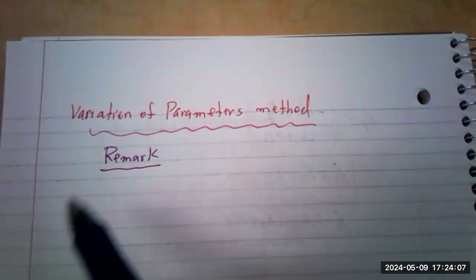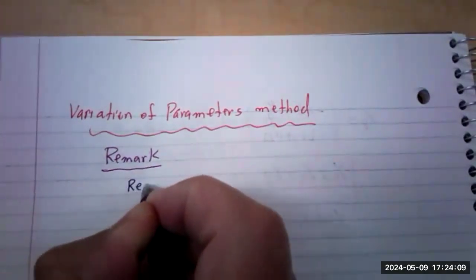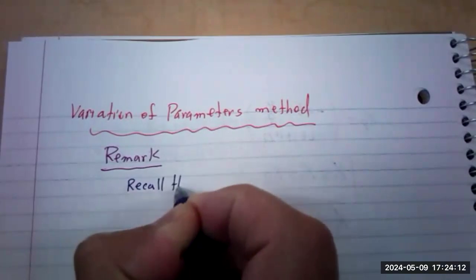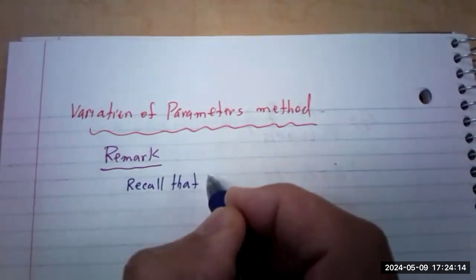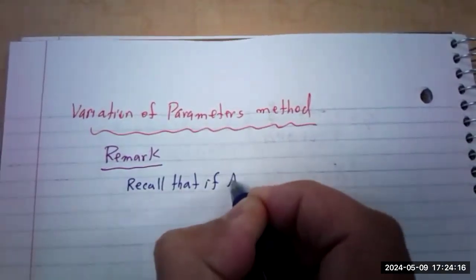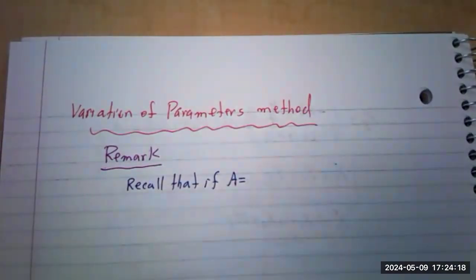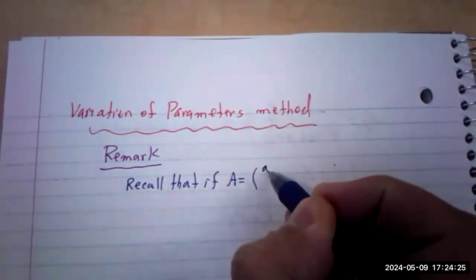Remark: we just recall that if you have that 2x2 matrix, this system that we solve is a system of two equations, two variables. You can do it with 3 variables, 4 variables, etc., but we just use the foundation of 2.